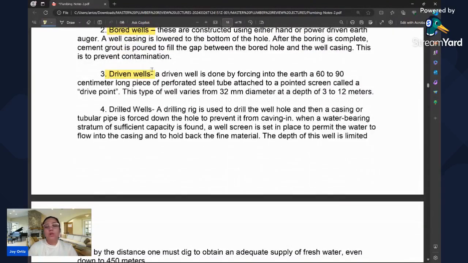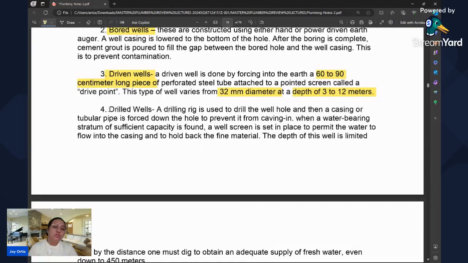So the driven well is done by forcing into the earth a 60 to 90 centimeter long piece of perforated steel tube attached to a pointed screen called a drive point. So this type of well varies from 32 millimeter diameter, and the depth of this is 3 to 12 meters.